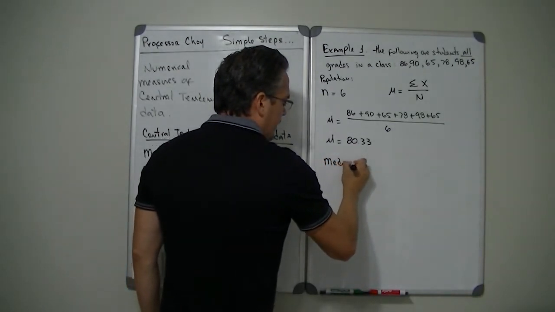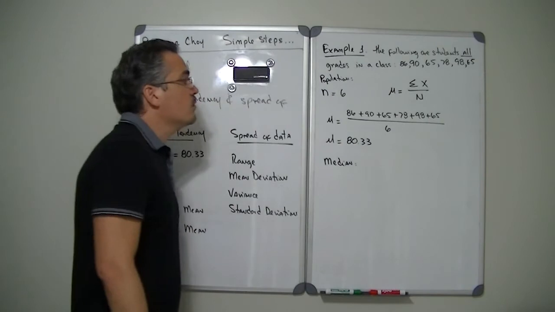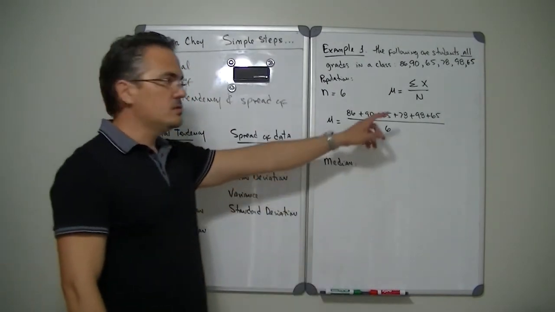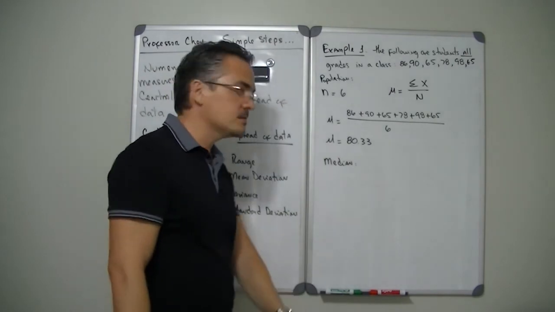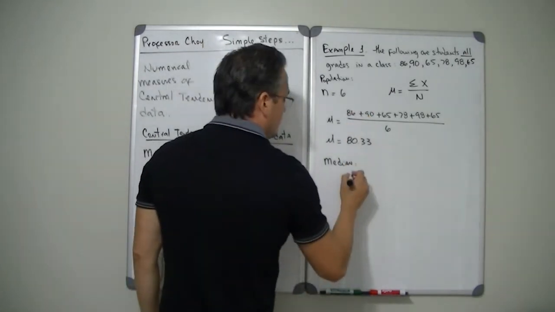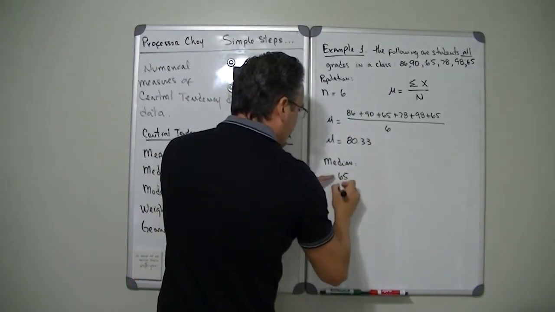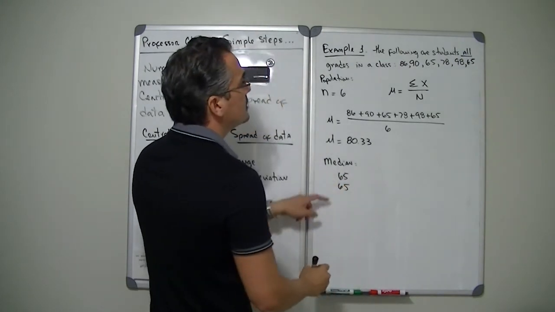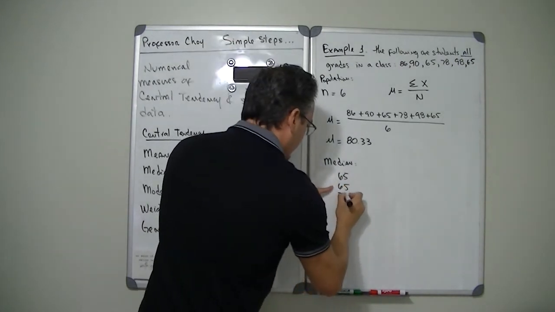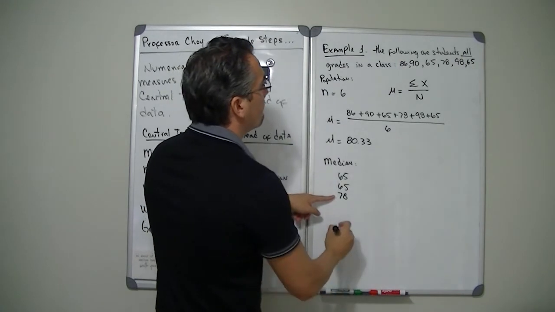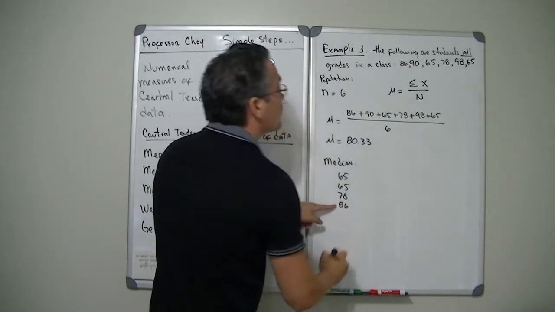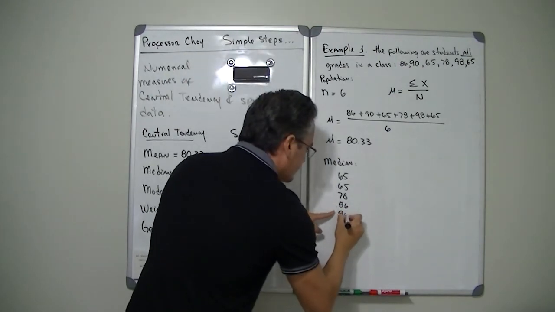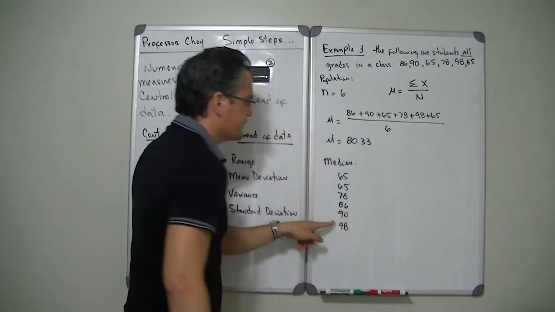To calculate the median on any data set, what you have to basically do is you take the numbers and you arrange them from smallest to largest first. So in this case, we're going to do 65, we got another 65, then we got 78, we got 86, we got 90, and we got 98.